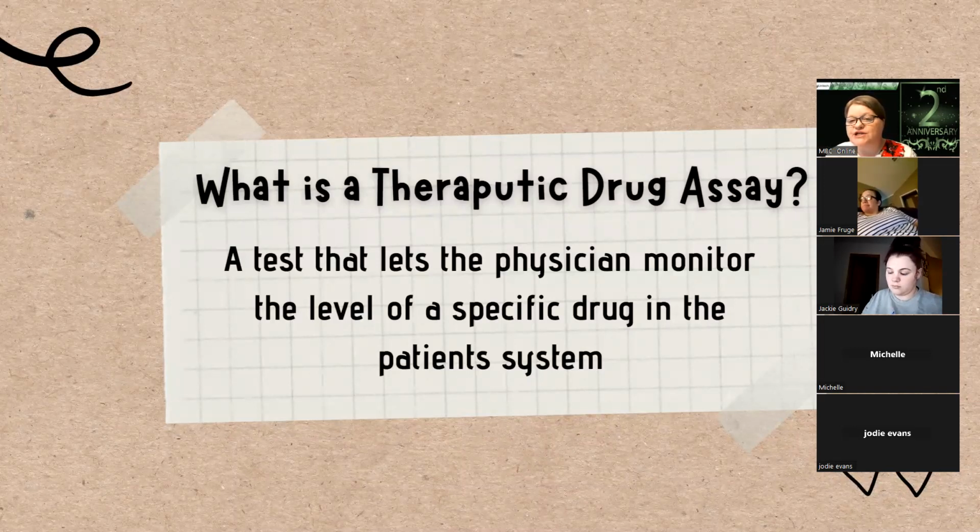I think they use this a lot with opioids and things like that, pain medicines, anything that you can get addicted to, to make sure that number one, the patient is using it as directed, as far as dosage, quantity, all that kind of stuff, and to make sure they're not abusing the drug.